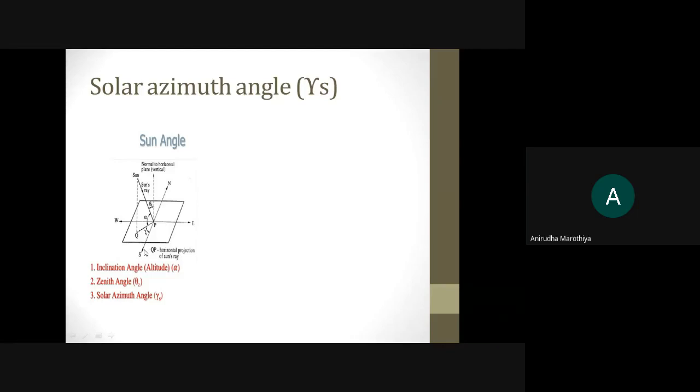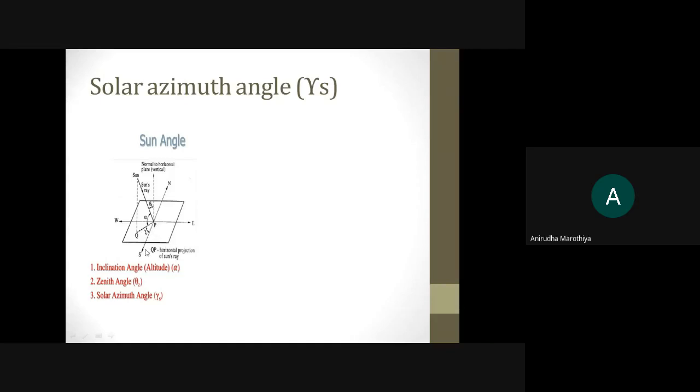ड्रॉ कर लिया आप लोगों ने? हाँ सर. Okay, good. So how to define solar azimuth angle? With respect to this diagram, it is very clear that the angle between PQ and PS is known as solar azimuth angle. Now what is PQ? PQ is the projection of incoming beam of solar radiation on the earth equatorial plane. वो जो projection है उसको हमने indicate किया है PQ से.